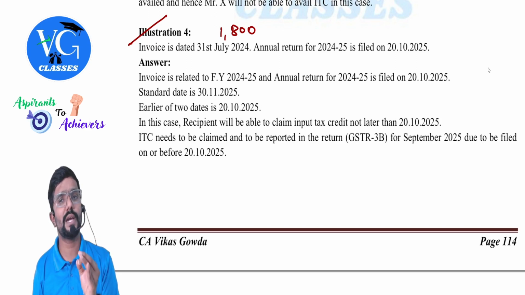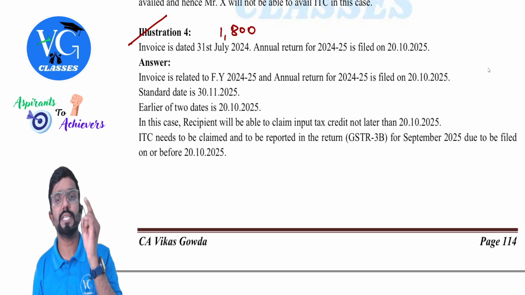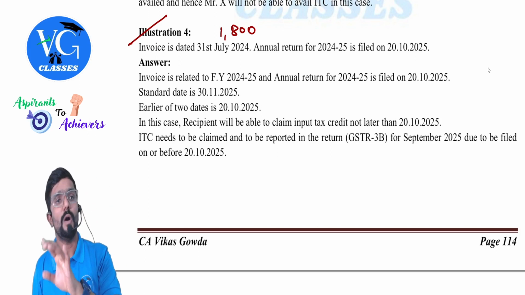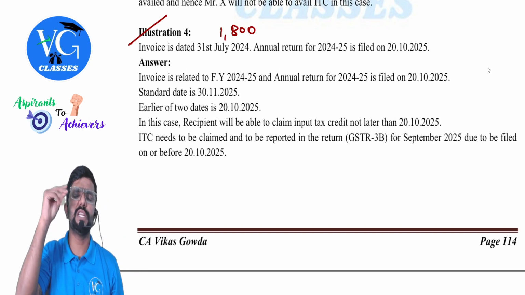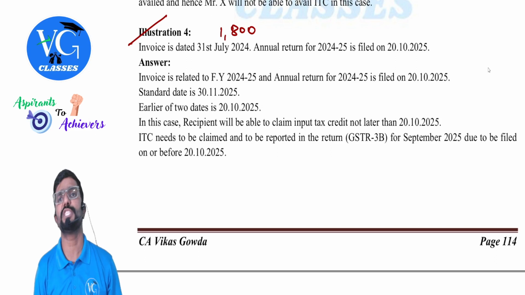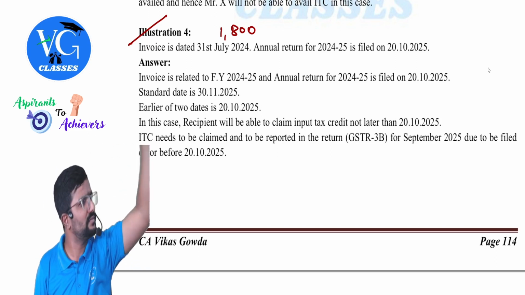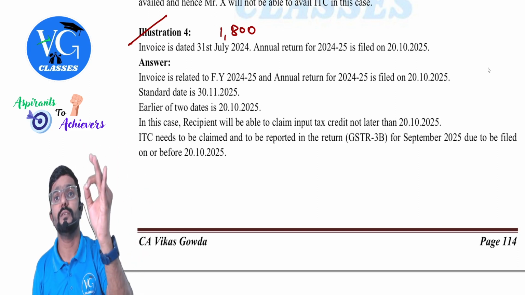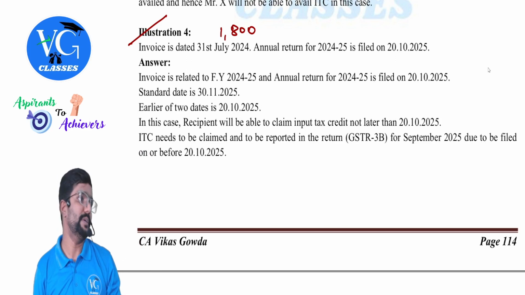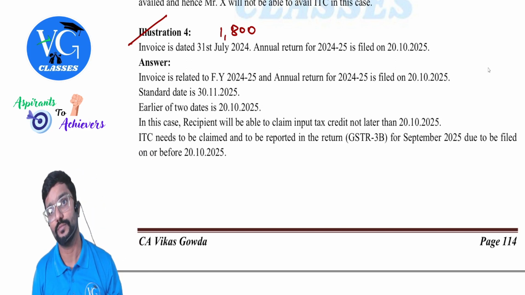You can claim the credit of this invoice on any day in a GSTR 3B which is filed on or before 20th October. That means the last return in which you can claim is the September month GSTR 3B. Sir, can I claim it in August, July, June and all? Yes, no problem. But we are talking about the deadline. What is the deadline? GSTR 3B of September, which you will file on or before 20th October.